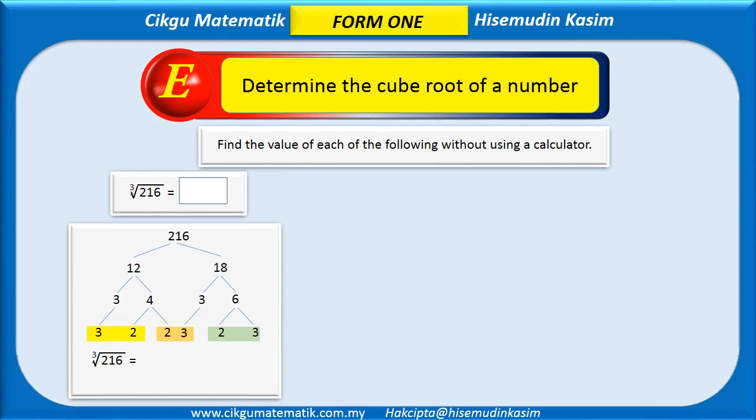Cube root of 216 equals cube root of 6 times 6 times 6 equals 6.